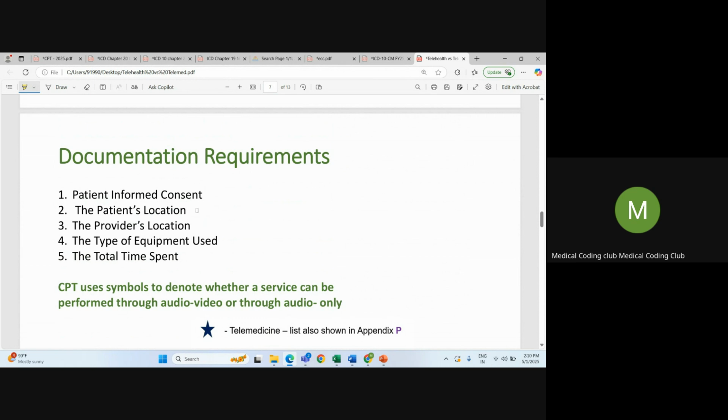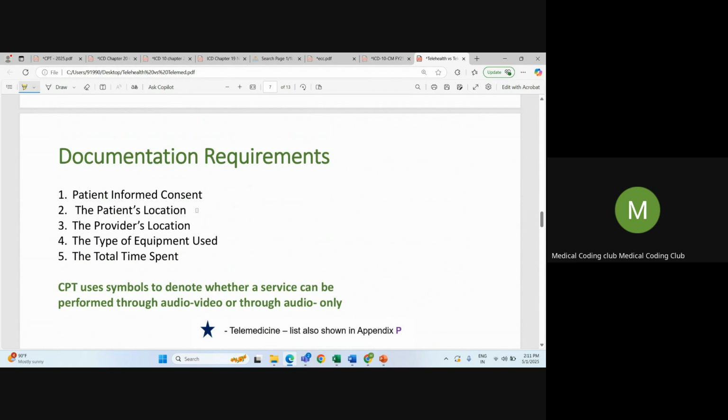And then patient location. Okay, this documentation can include where the patient is at the time of the telehealth. Many patients may be at a healthcare facility during the visit rather than home. Like if you remember place of service, when you are billing for telemedicine, we have two POS.